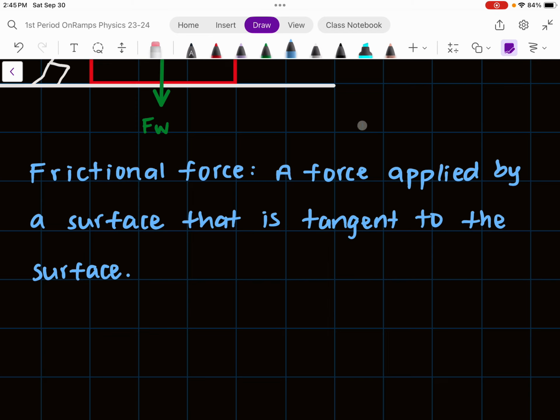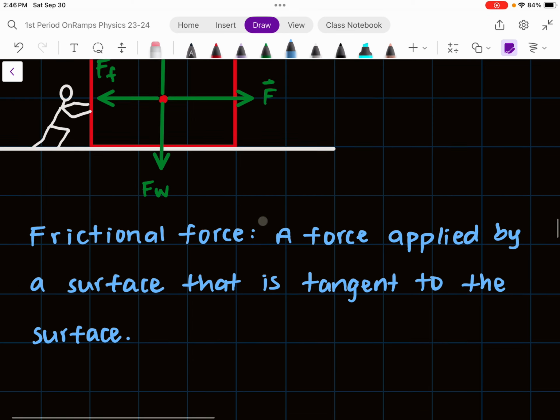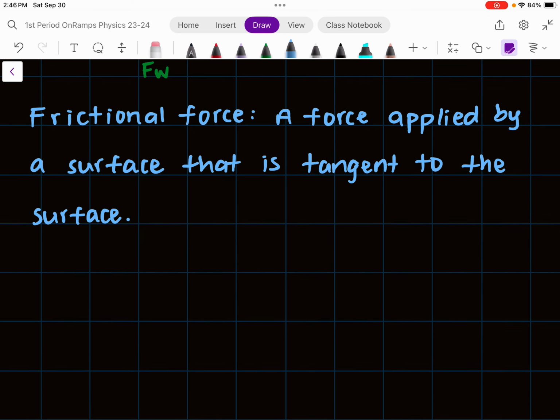A way to think about the tangent, what it means, is that friction is going to be parallel to the surface. The reason we don't use the word parallel is because friction is going to change direction based on motion, okay? So I'm going to add that friction opposes relative motion.